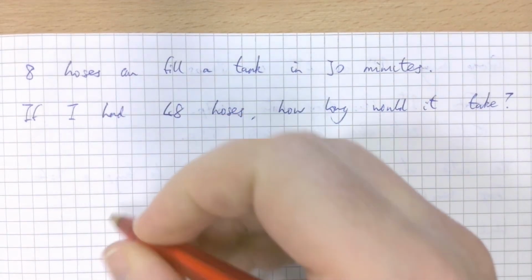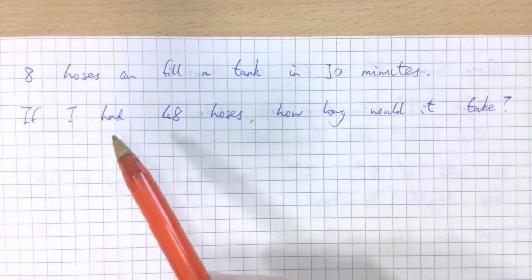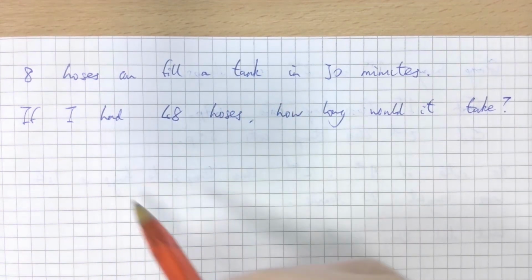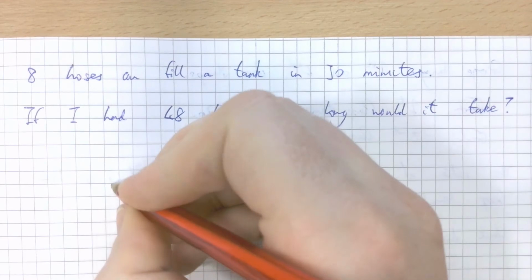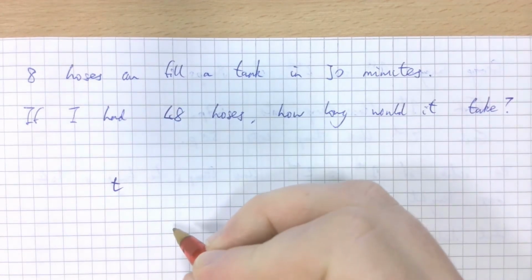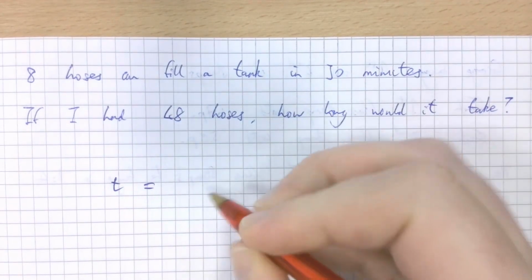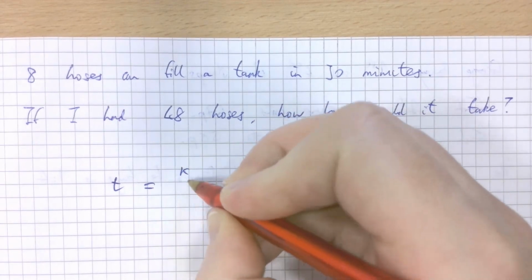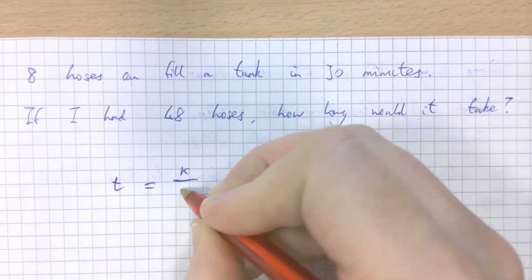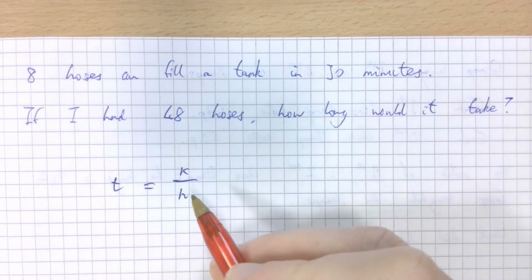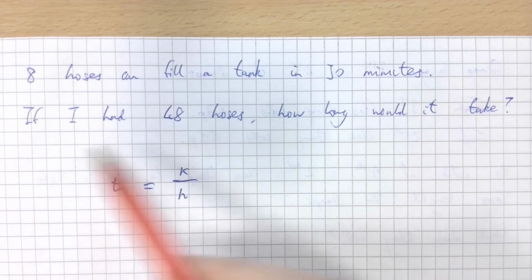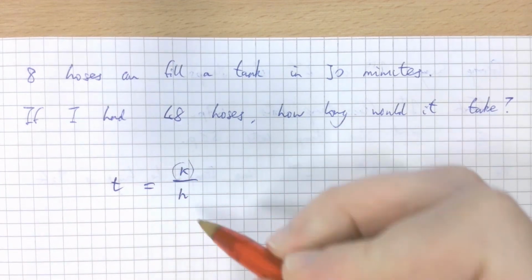Now the inverse proportionality relationship, just to do some GCSE notation, is that the length of time that it takes to fill the tank is equal to a certain number K divided by the number of hoses that I have. Okay, so to work out the answer to this question, I need to figure out what this K is.